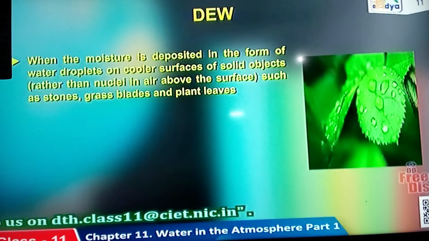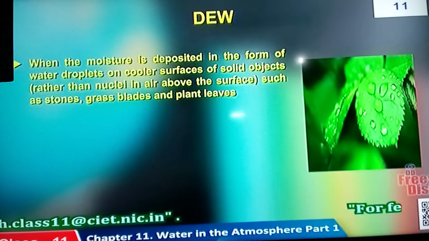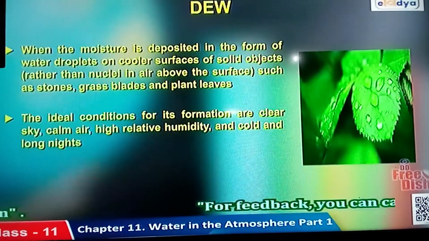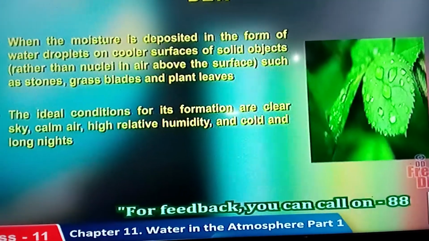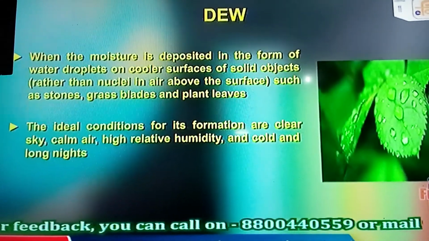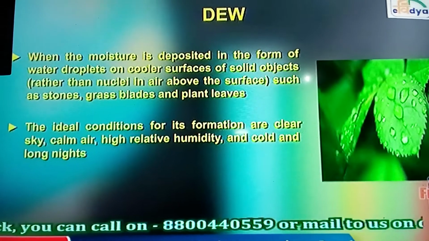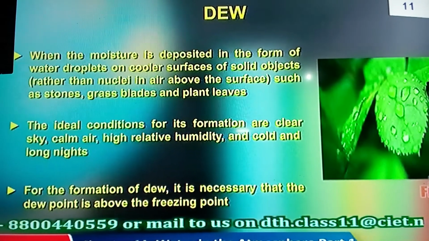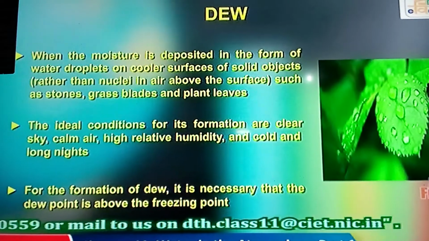There are certain wet nodules on the leaves also. That is dew. The ideal conditions for its formation are clear sky, calm air, high relative humidity, and cold and long nights. For the formation of dew, it is necessary that the dew point is above the freezing point.